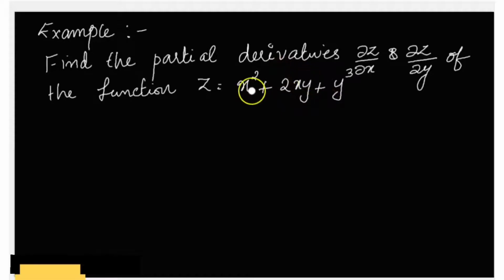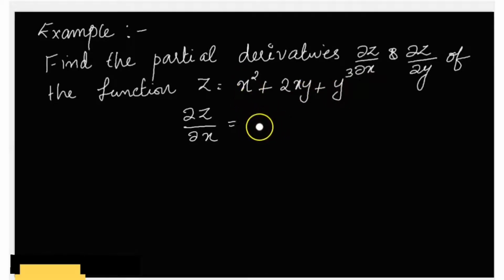Look at the right hand side. The right hand side is a function of both x and y. So we can differentiate this with respect to x, also with respect to y. I'll show you how to differentiate it partially with respect to x and y. Okay, the first one, dou z by dou x. We have to differentiate the right hand side with respect to x. That means the other variable y is kept as a constant.